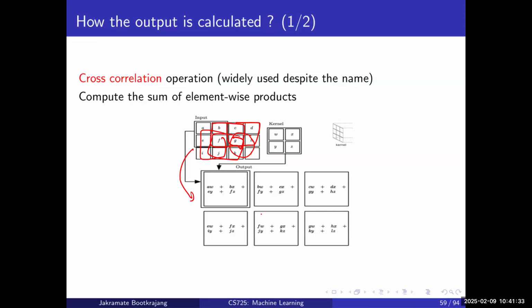The output you get will still have a 2-dimensional structure, though not the same dimension. If you have 4 by 3 and you filter with 2 by 2, you get 3 by 2. So basically, you filter an image, you get another image.